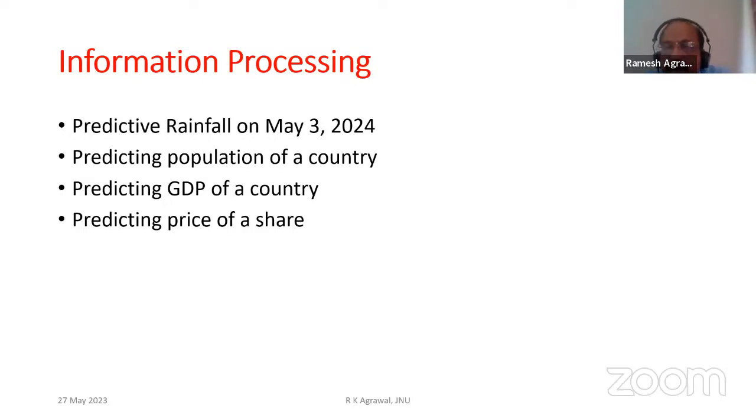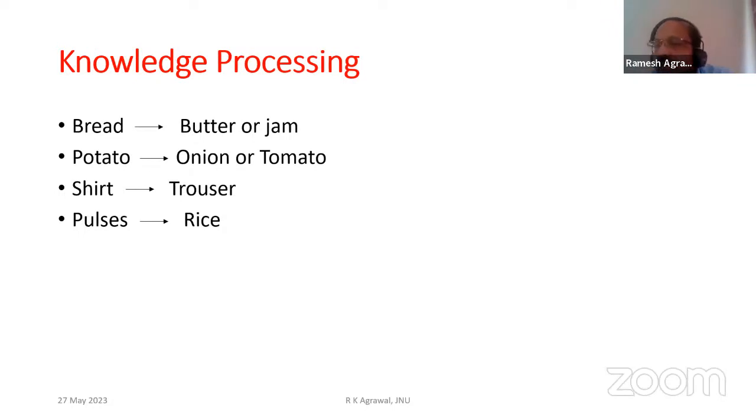But then again, we moved one level up, and we started talking about knowledge processing. So what is knowledge processing? We talk about Lord Buddha, Lord Mahavir, Guru Nanak Ji, who have given some knowledge about life. After many years of meditation, they found that this is the truth.